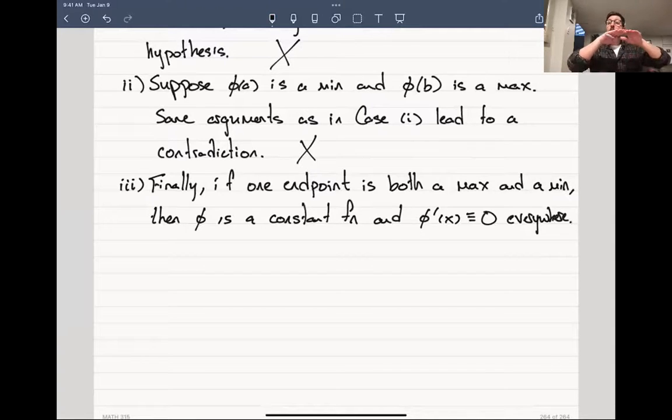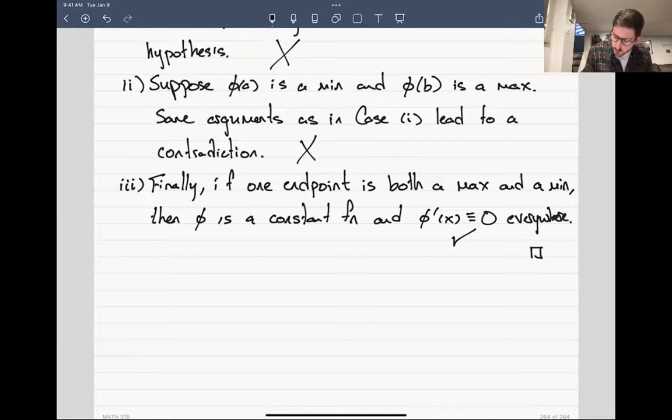And so therefore, your function has to be completely constant over the entire interval. And we proved in the last lecture that if your function is constant, then your derivative is equal to 0. Actually, we didn't use the mean value theorem for that, right? You can just do that directly. That tells you that your derivative is equal to 0, which is what we wanted to show.